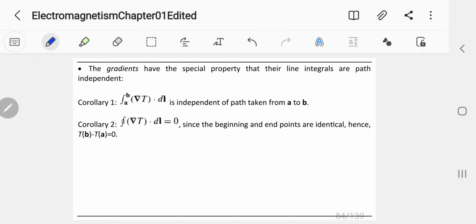You can use a curved path or any curve, but when you also integrate it with a straight line, it's also the same. That means that when you integrate from one point to another point and then back to the original point, you are doing the integral in a circle, or in a closed loop. Then the integral of a gradient dotted with dl would be equal to 0.